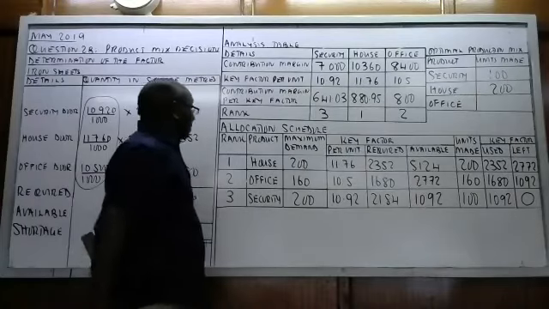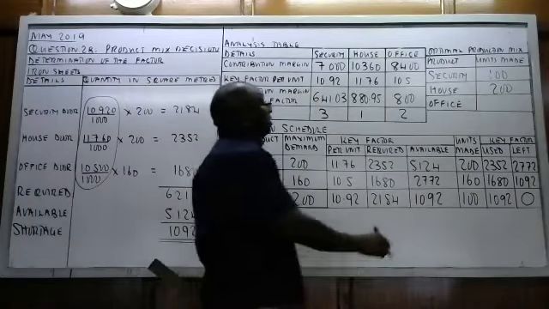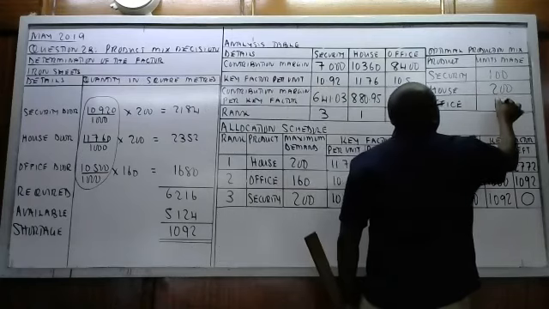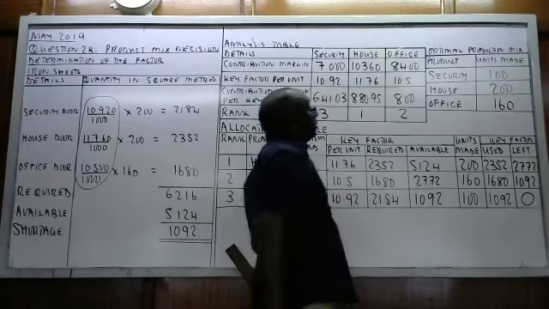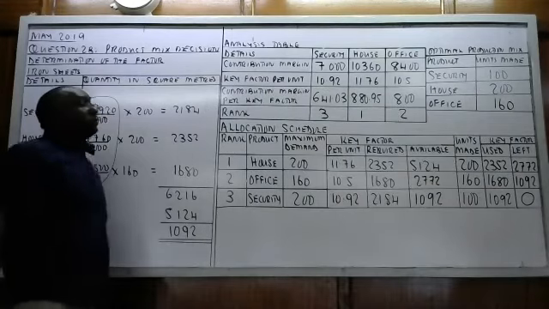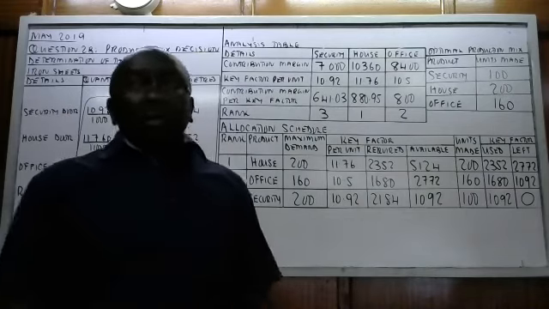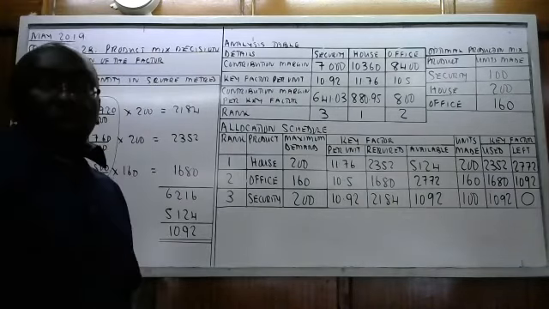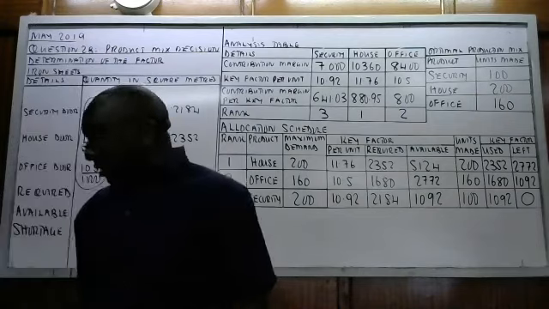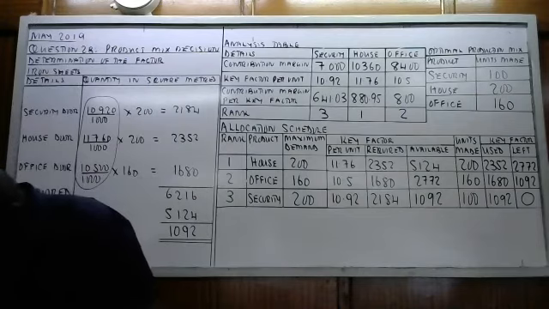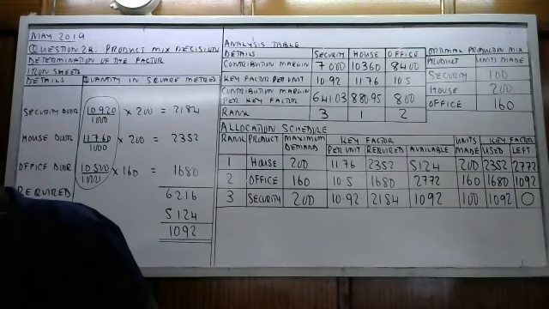And office, they will make 160. So that is now what we call optimal production mix. Na ndio ulikuwa unaulizwa hapo, the most profitable mix.